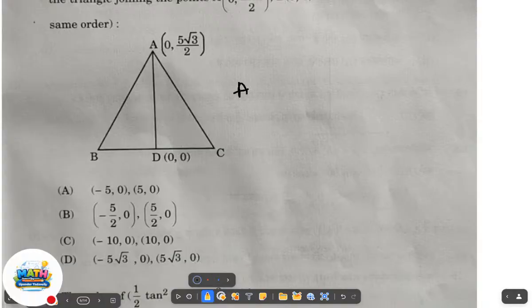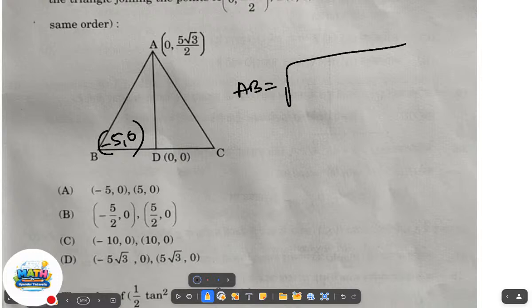What is the distance formula? x2 minus x1, whole square.